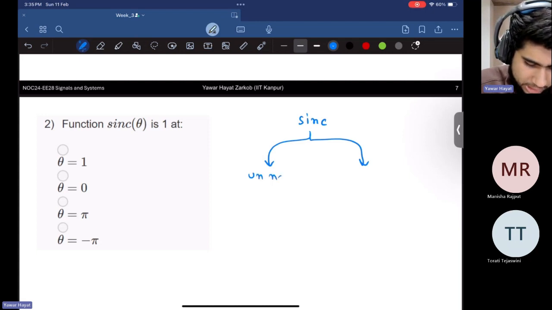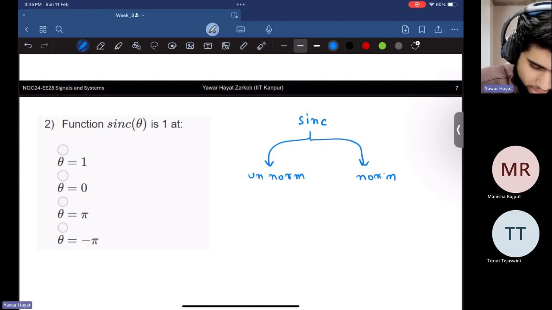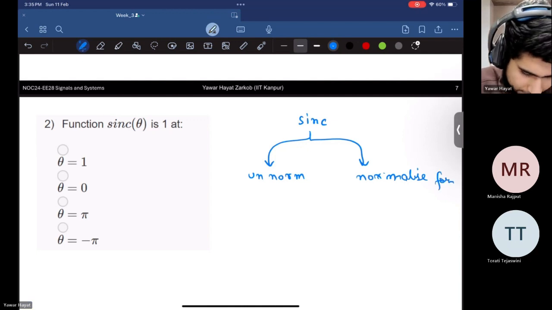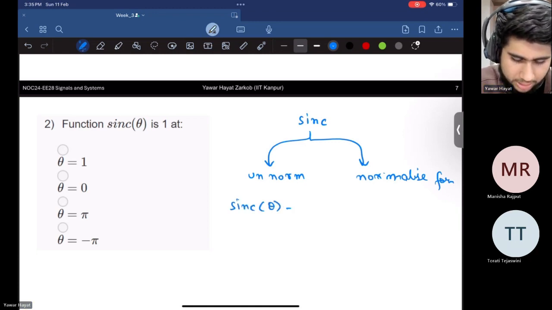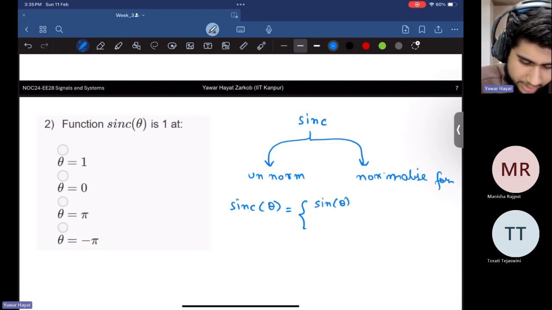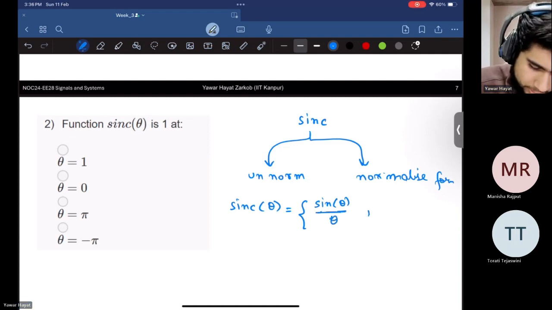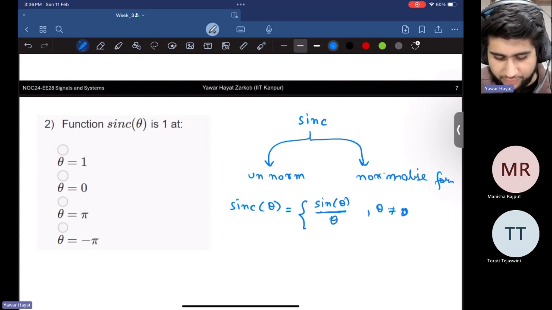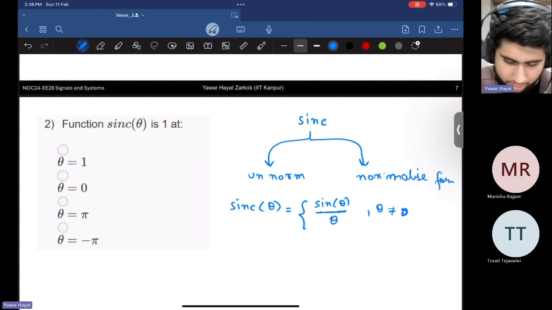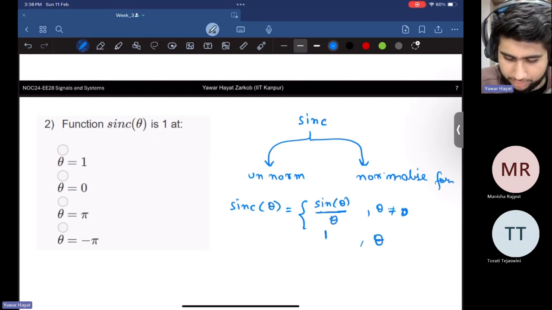In the unnormalized form, we define this sinc of theta to be equal to sine of theta by theta when this theta is not equal to 0, and we define this sinc of theta to be equal to 1 when this theta is 0.